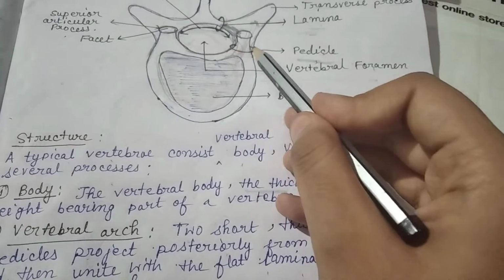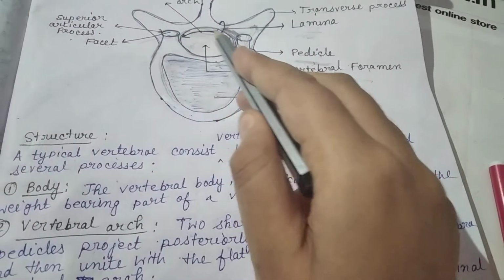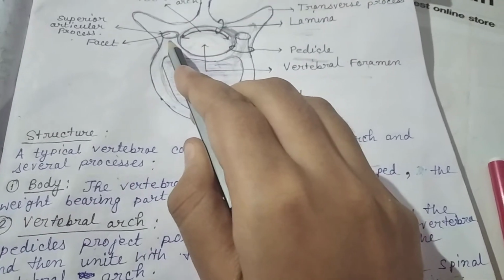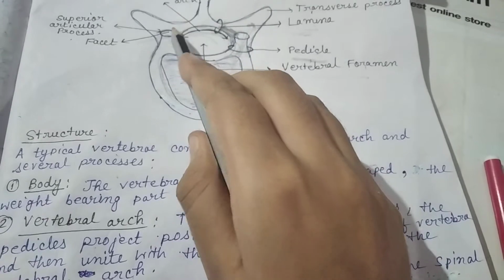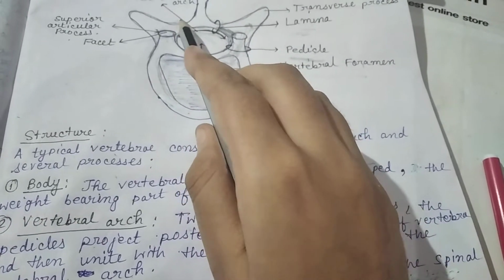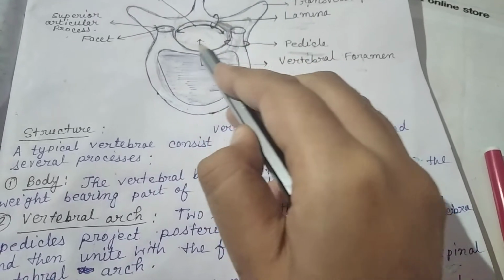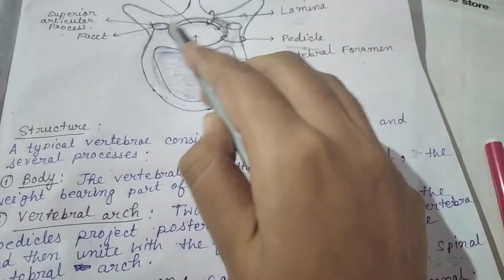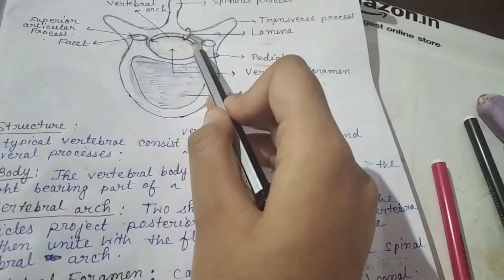If this is the pedicle and this is the lamina, they unite to form the arch. On this side the same, they are attached, and on this side the same, and it forms the vertebral arch. This is round shaped, this is the vertebral arch.